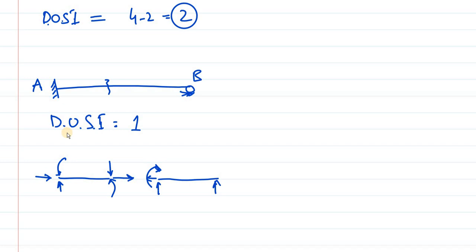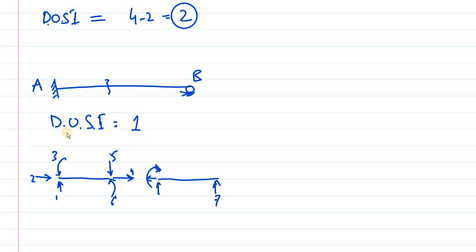So if I count the total number of unknowns, in this case I have 1, 2, 3, 4, 5, 6. These 3 have the same magnitudes as these 3, so we don't need to count them as unknowns. The direction is also known once you know the direction of these. So these are opposite to these, so let's count this one as the 7th one.